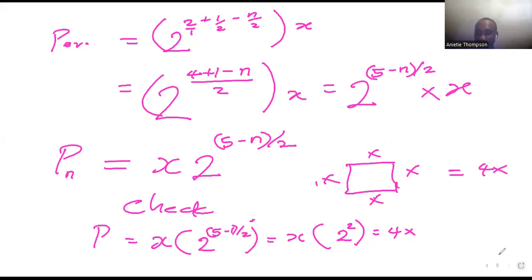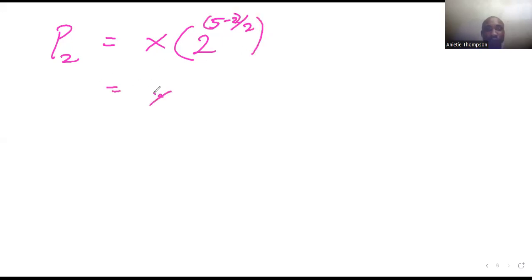If it's for the second square, if you want to do a quick check for that, P2 is going to be x times 2 raised to the power of 5 minus 2 divided by 2. And that is going to be equal to x into 2 raised to the power of 3 all over 2.